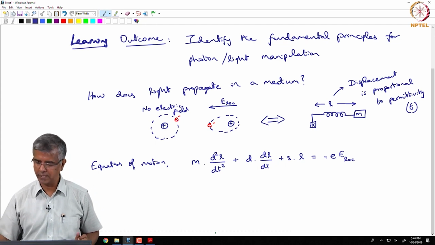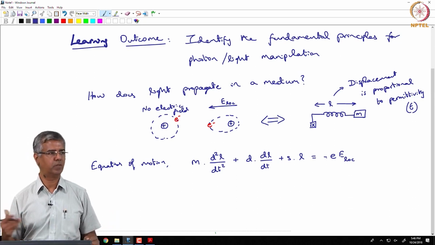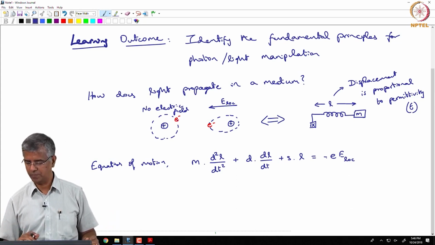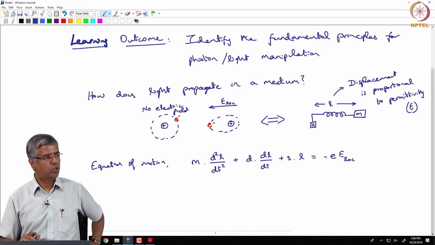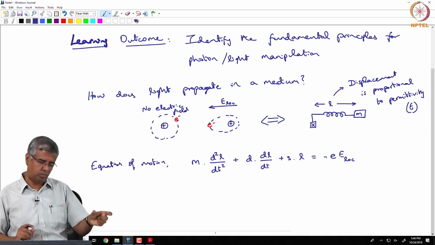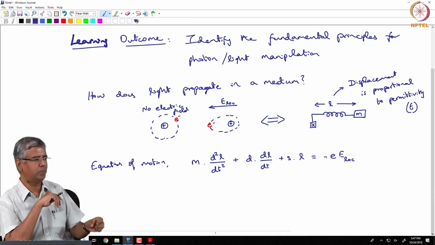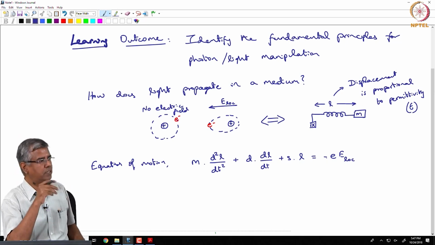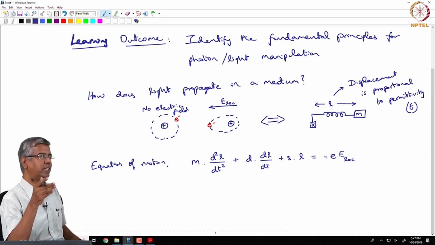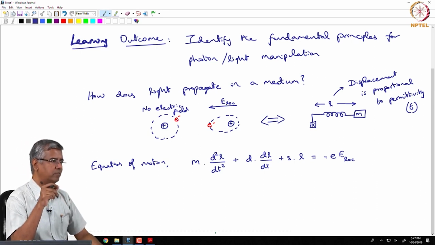So, on the right side is your excitation, on the left side is the response of the medium to that excitation, the mechanical response of that medium to that excitation. That is the field that the atom is subjected to. Okay. That field is essentially the external field, that is your electromagnetic wave, that is your light wave.